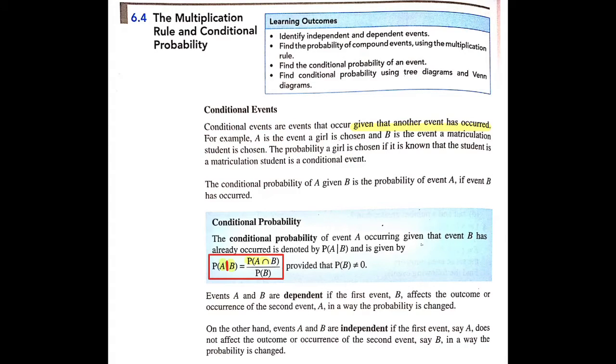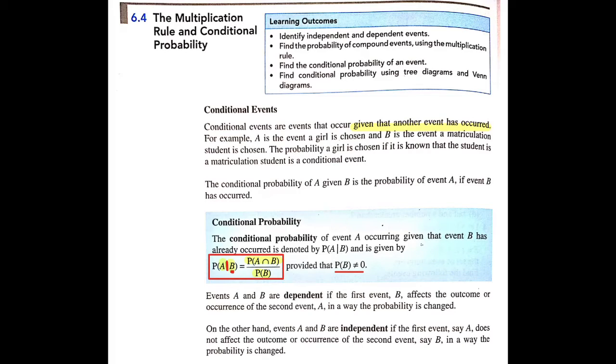You just write P(A intersect B) divided by P(B). Make sure you always divide by the event that has already happened. It's also mentioned here that P(B) cannot be equal to 0, because this is the denominator, and the denominator cannot be equal to 0.